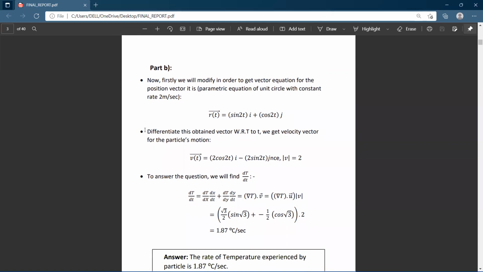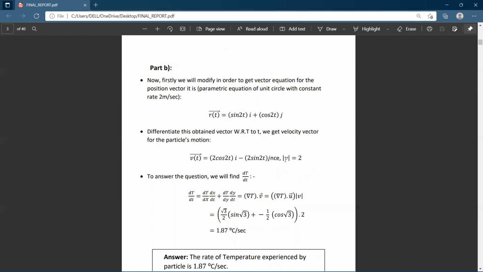We want to find the velocity vector, so we differentiate the vector r(t) with respect to time. We get 2 cos 2t i cap minus 2 sin 2t j cap.